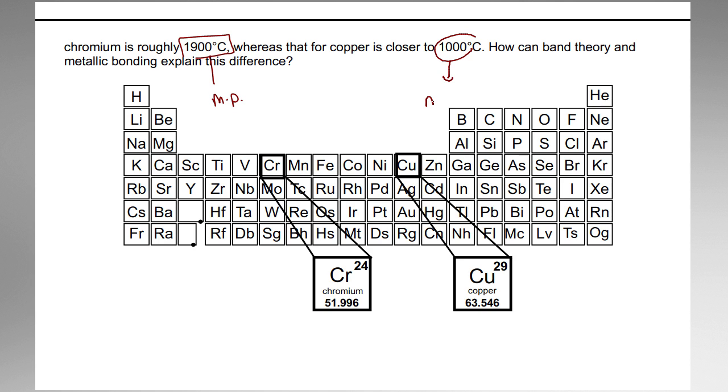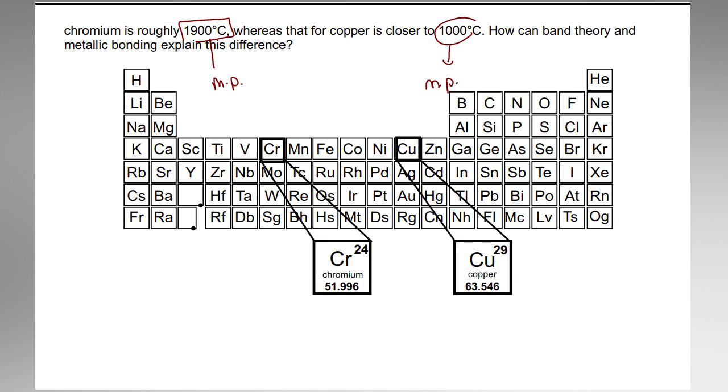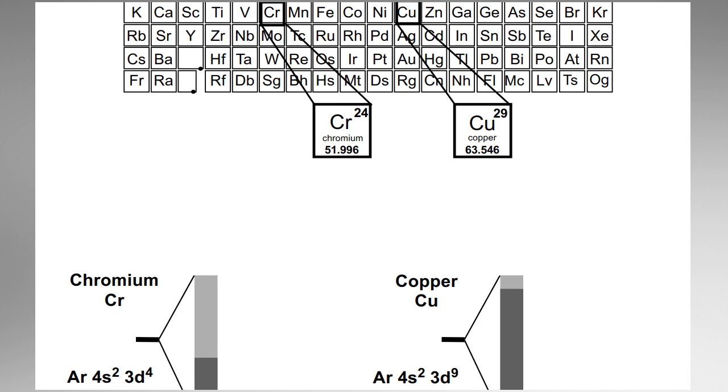Copper is much lower, it's almost half, I mean it's still very high, but the chromium is almost twice as large as that of copper. So how do we understand this? Let's look at the electron configurations. Chromium is an argon core, 4s2, 3d4, and copper is an argon core, 4s2, 3d9.